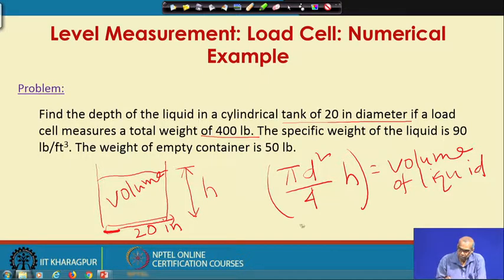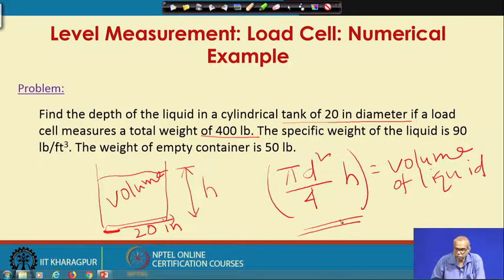If I multiply this quantity by the specific weight of the liquid which is given as 90 pound per feet cube, what I will get is the weight of the liquid.